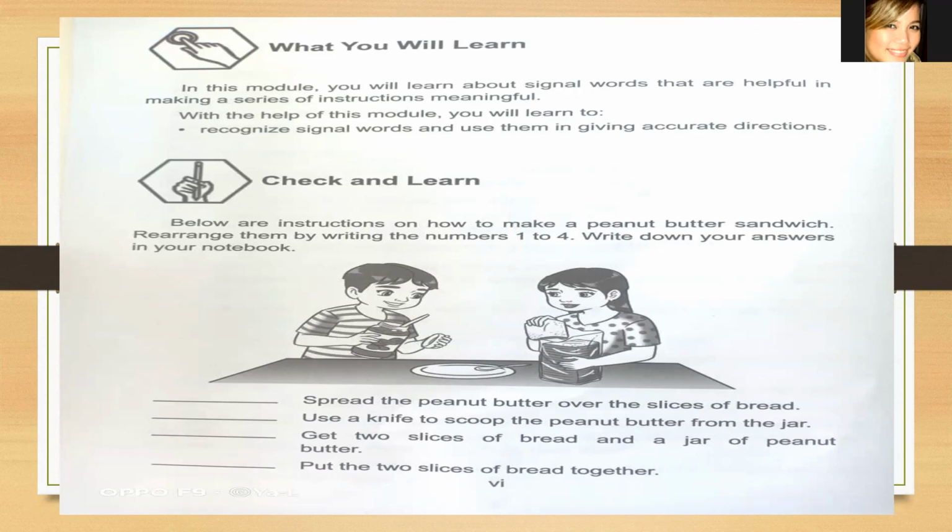All right, now rearrange them by writing the numbers 1 to 4 and write down your answers in your answer sheets. Okay, so look at your answer sheets.